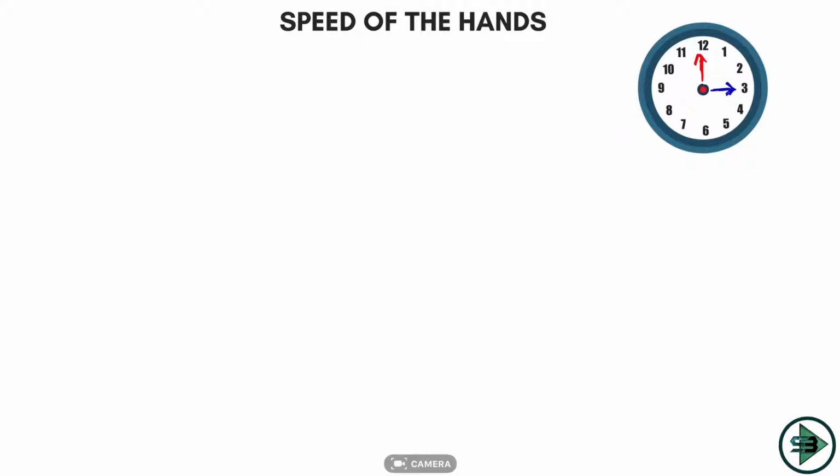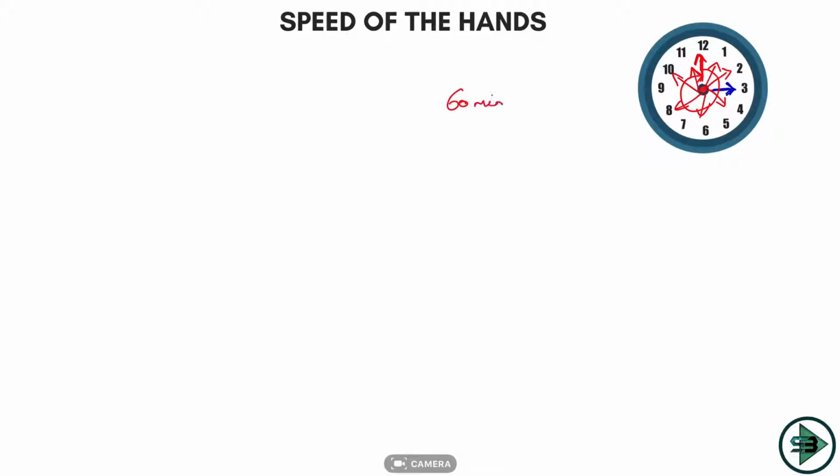Now I am asking you, this is your minute hand, right? This minute hand, the red one, will come back to this position at 12 after how many minutes? It will go something like this and come back to 12 after how many minutes? You will say 60 minutes. That's quite simple.